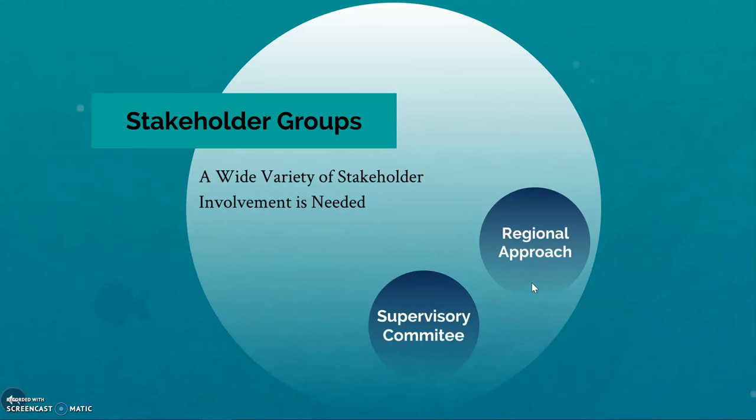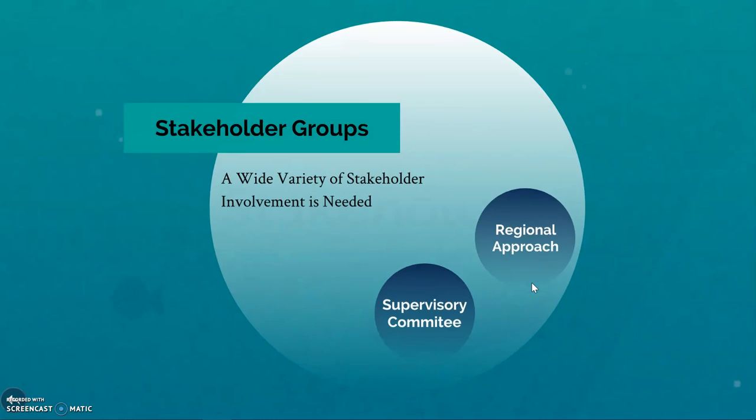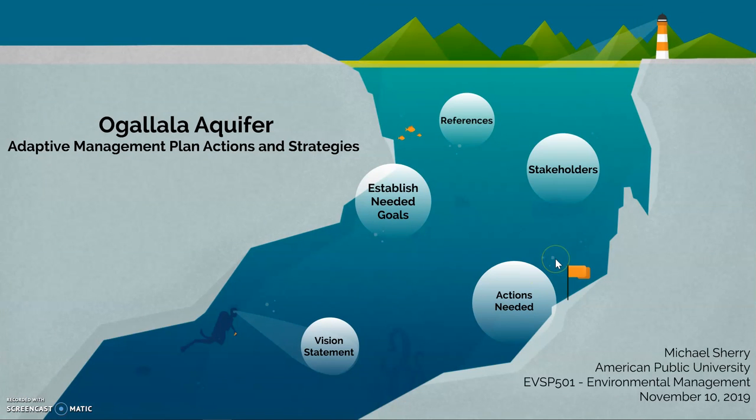So that's the strategies. Again, working with all the stakeholders, establishing the goals by analyzing data. Actions, again, the reductions is really what we need to do, and stop using faster than we can in order to allow the aquifer to recharge.